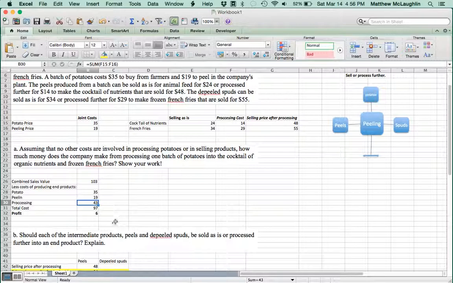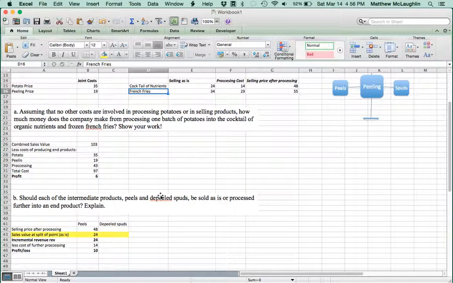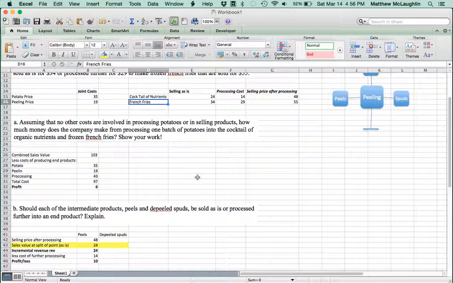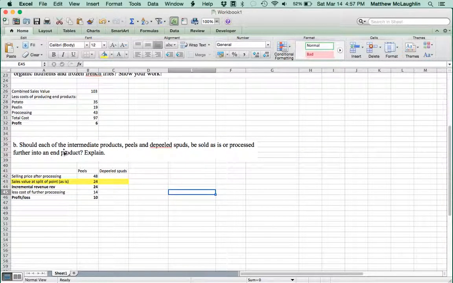Well, we can't tell which is which for either, and we can't tell the margins on each product. So what we really need to do is keep these things separate, which is where part B comes into play. It asks if the intermediate products should be sold as is or processed further into the end product. So now we're getting somewhere.